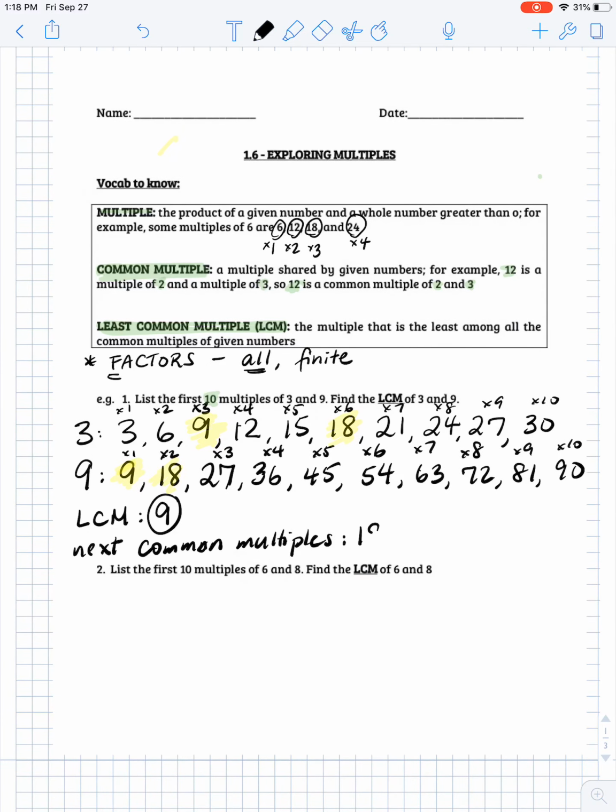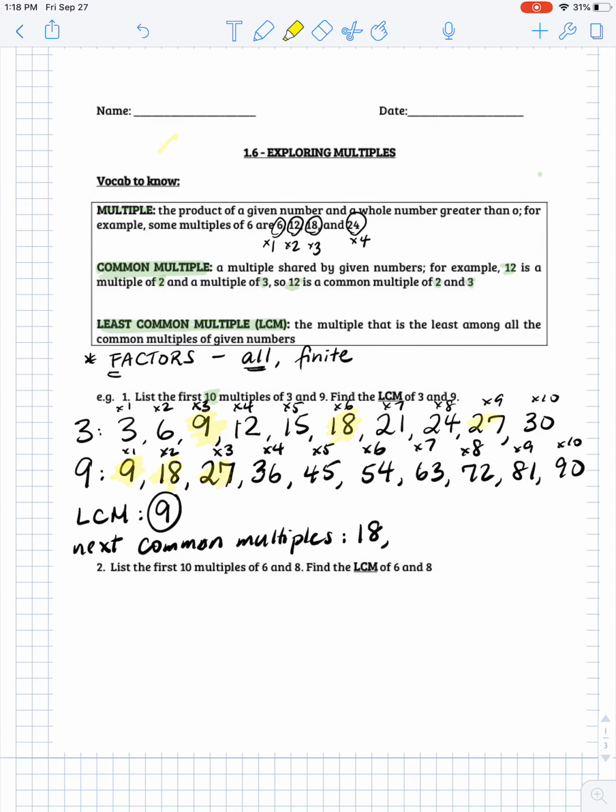So the next one would be 18. Now, because we've only listed up to 30 for the first 10 multiples of 3, the next occurrence of a common multiple would actually be 27. And then after that would actually be 36.